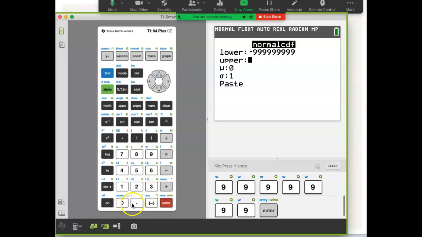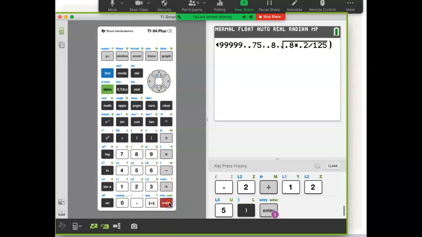My upper is 0.75. My mean is 0.8. My standard deviation, you can actually just put the calculation in there. Your calculator can handle it. So it's the square root of 0.8 times 0.2 divided by 125. There we go, 0.081.